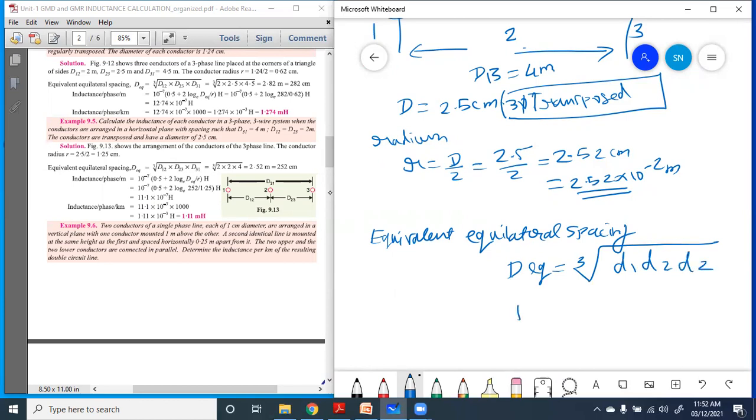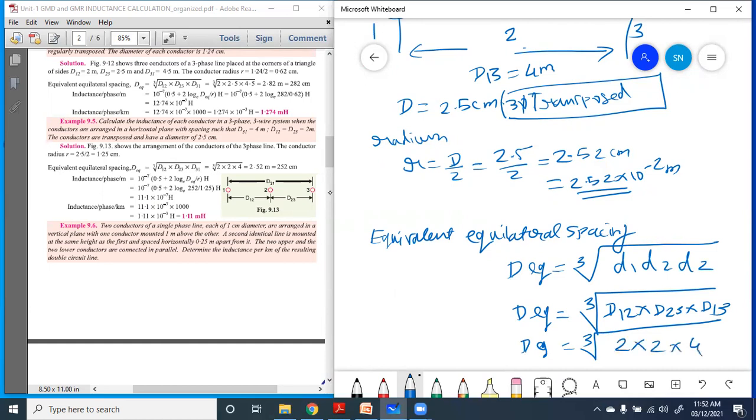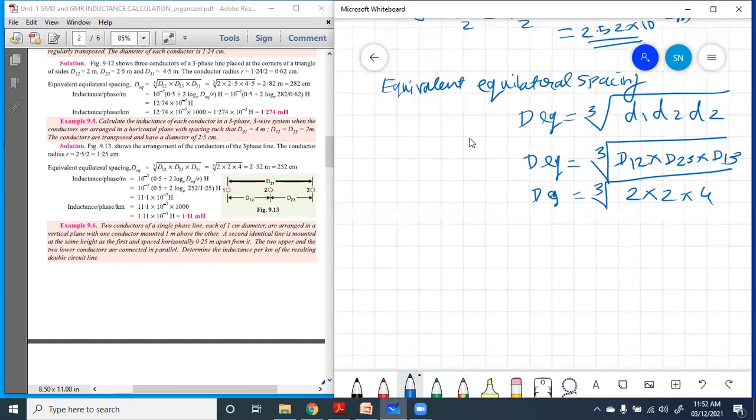That is, D equivalent is equal to the cubic root of D12 D23 D13. Now D equivalent is equal to the cubic root of 2 into 2 into 4. Then we have to solve it on the calculator.